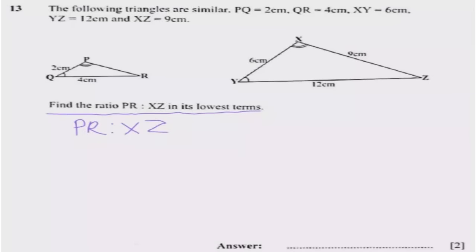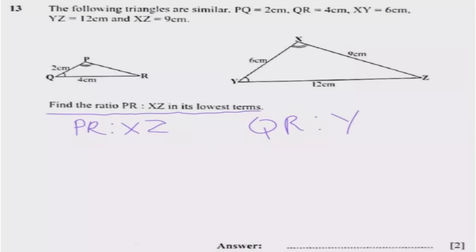Since we are not given PR and we are only given XZ, it will be difficult for us to come up with the ratio because the other number is not given. So we can pick sides whose dimensions are given in both. We can pick QR to the corresponding side, which is YZ.